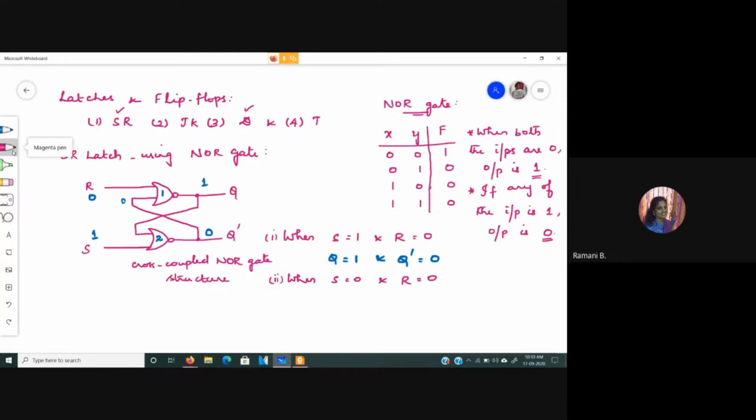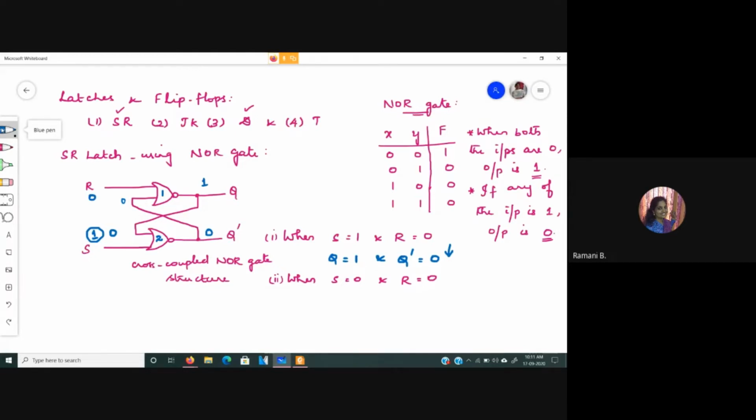So let us consider this after the condition S equal to 1 and R equal to 0, where the S value alone has changed to 0.